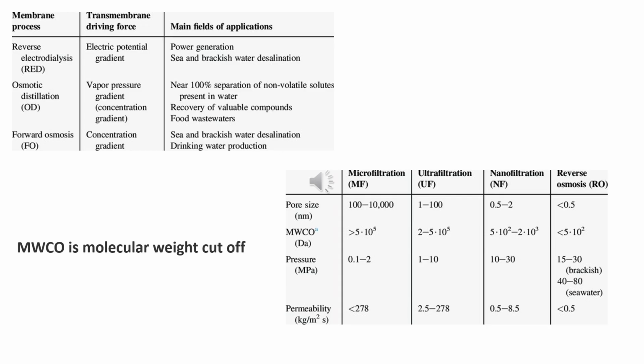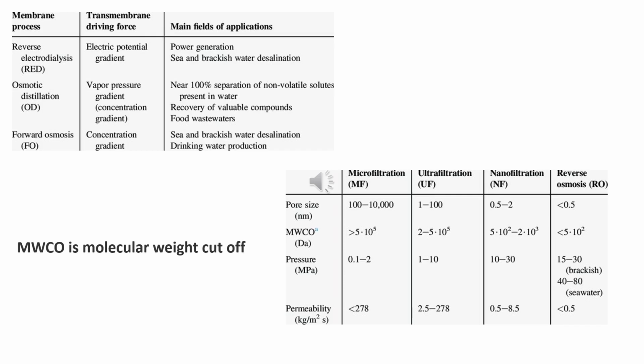So we can see that they are different characteristics of different membranes. Take a look at the MWCO here. MWCO is the molecular weight cutoff. It is a very important term in membrane filtration.